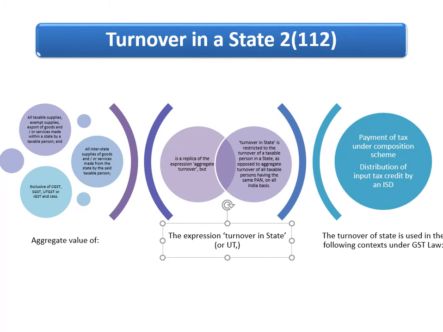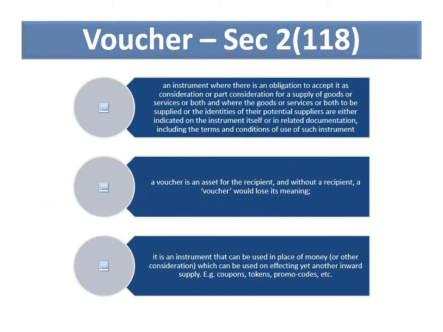So it has to do just with the state, not with the supply done as a whole by a person having the same PAN. Now, turnover in state is used in the following contexts of GST law: for the payment of tax in the composition scheme and distribution of input tax credit by an input service distributor.